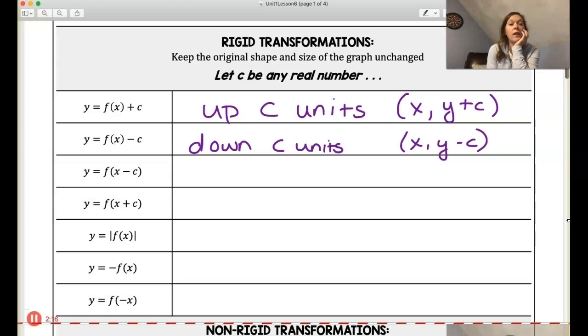Okay, so that's when our plus and minus c is on the outside, not directly affecting the x. In the next 2 scenarios, we have the c actually connecting to and affecting the x directly. So when we have f of x minus c, that means we're going to be moving to the right c units.